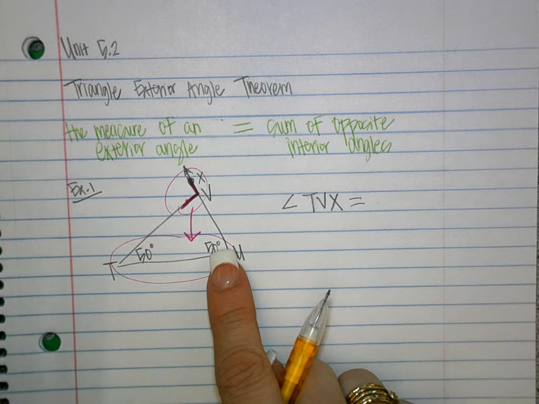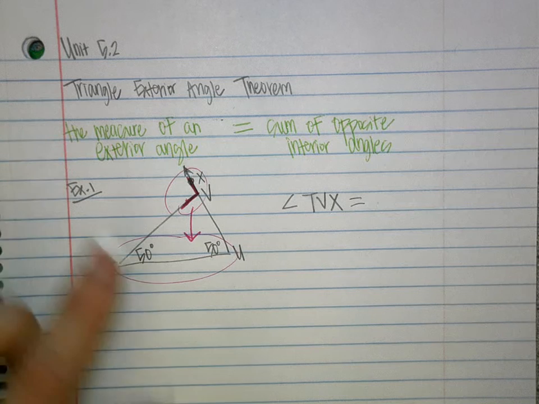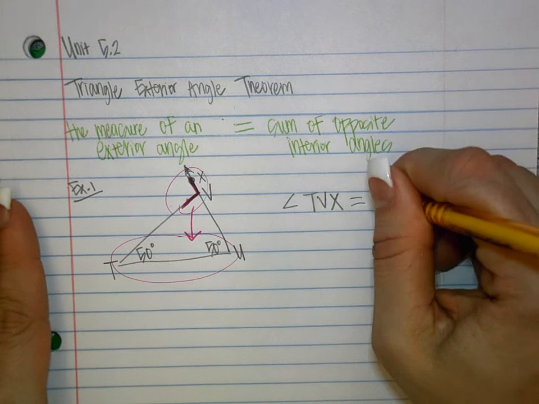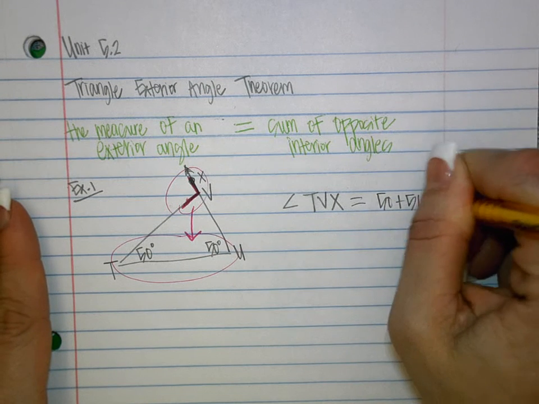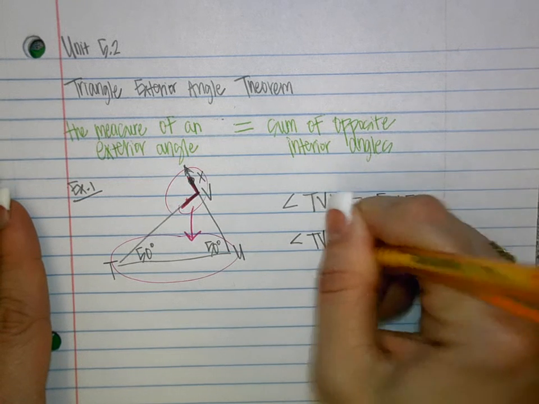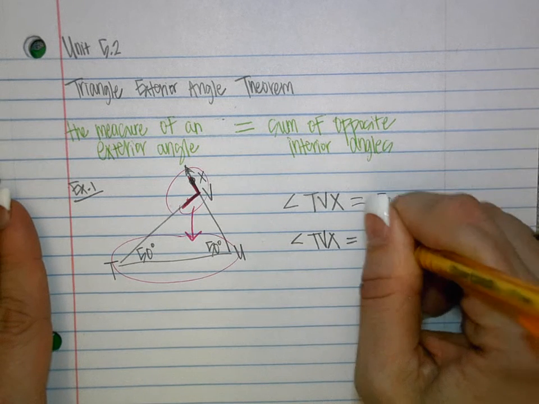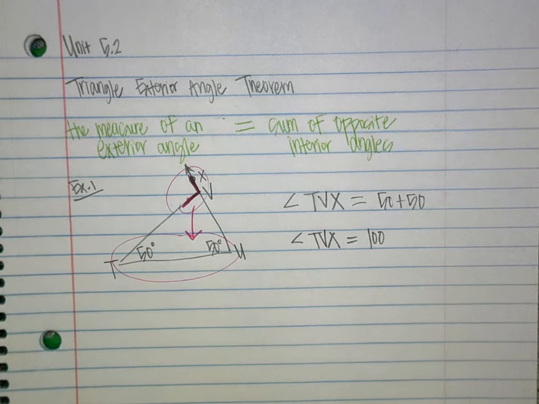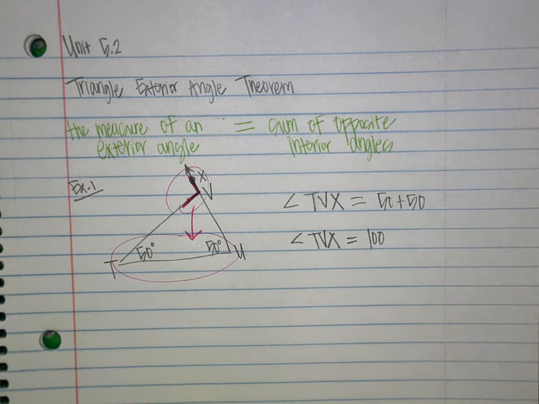What numbers am I adding together? 50 and 50, which is 100. So the measure of angle TVX is equal to 100. That's your answer. Technically, there should be a degree on there, but that's your answer.